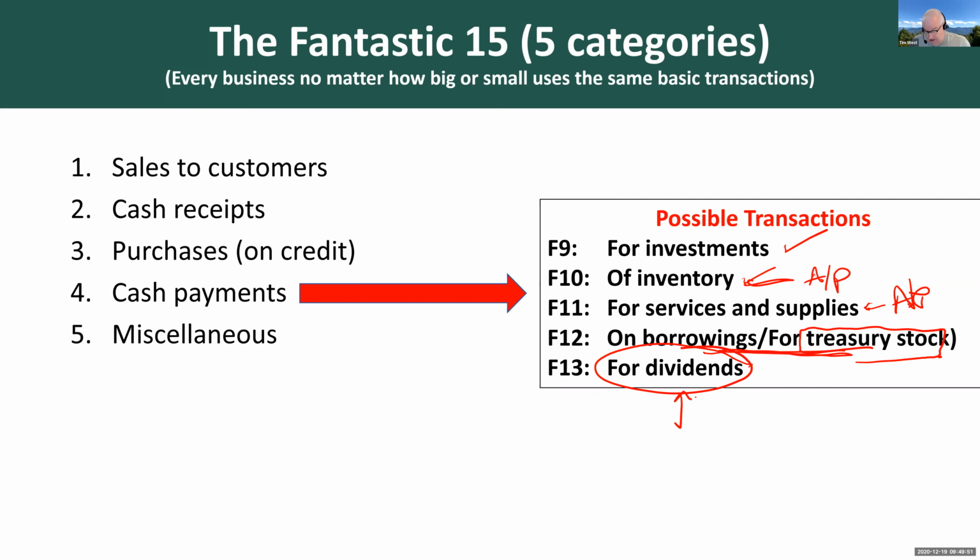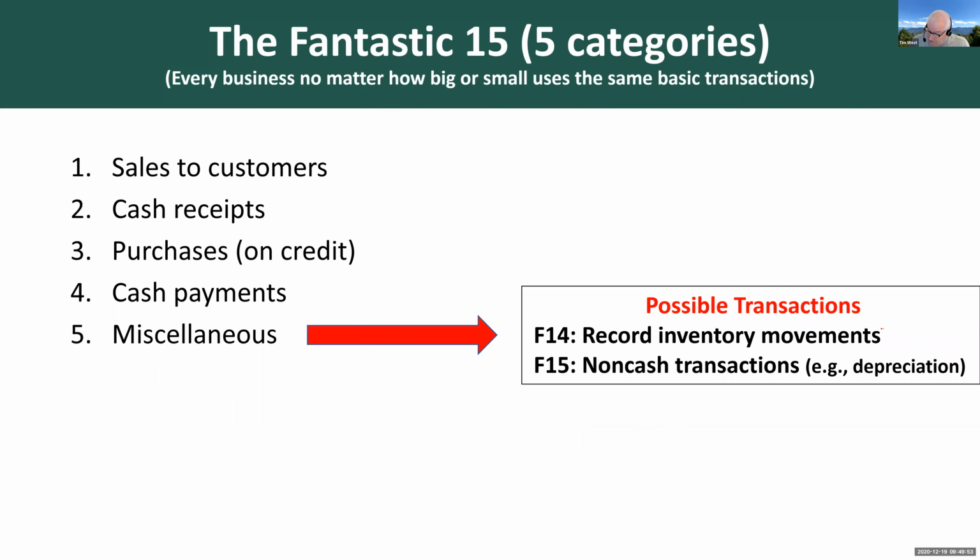And then finally, the miscellaneous types. If we do have inventory, moving the inventory around, that's a non-cash transaction. What that means is if I take some material and turn it into something I'm using in the delivery of my service or product, then there's no cash exchange on that. But we do consume it. So recording inventory movements is just how does my inventory get consumed?